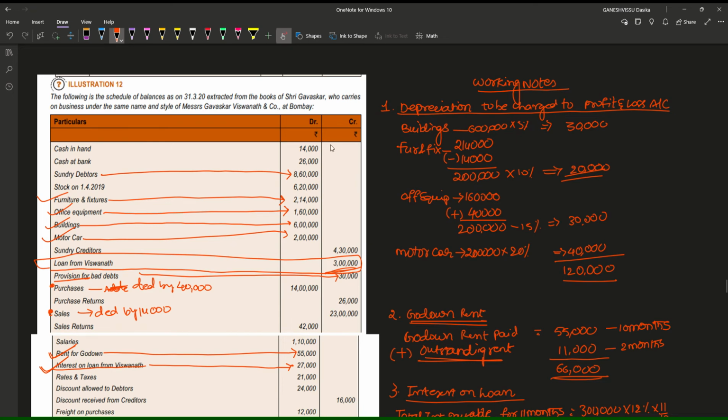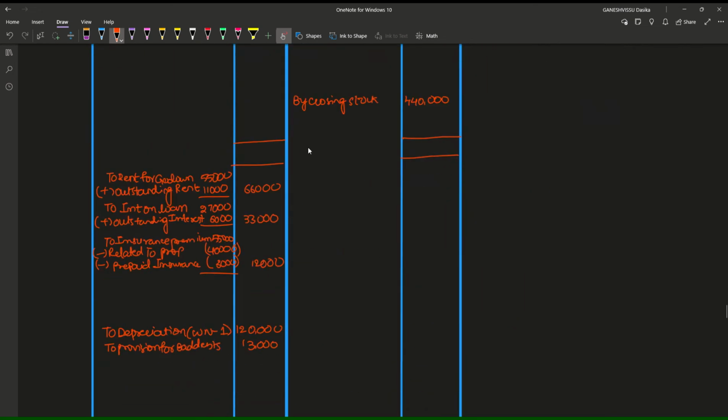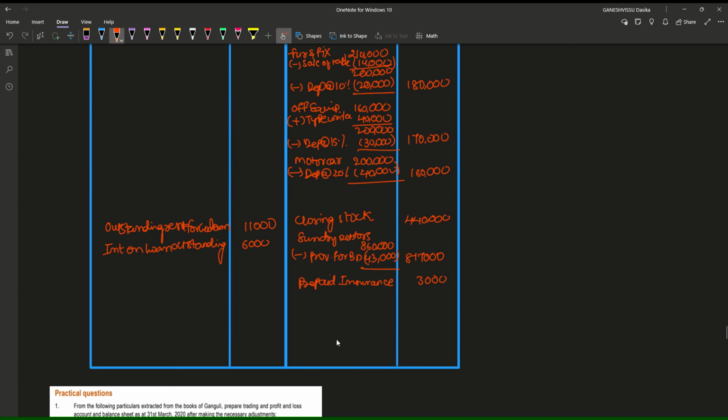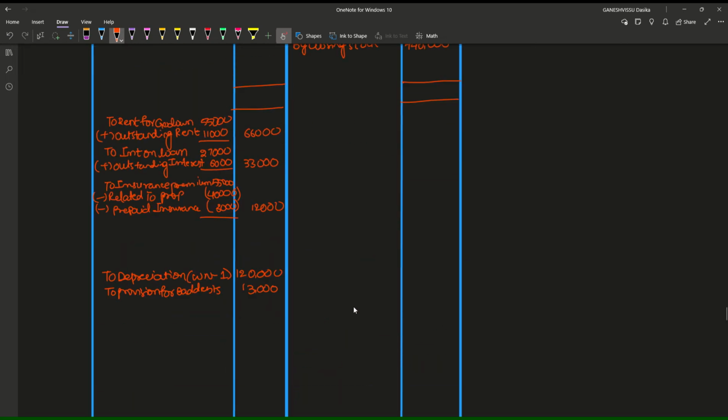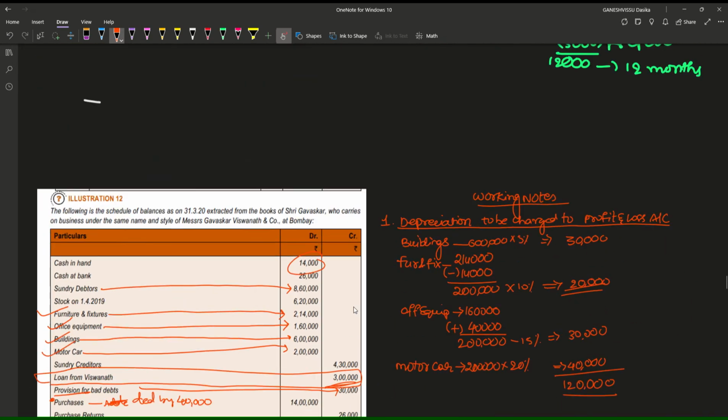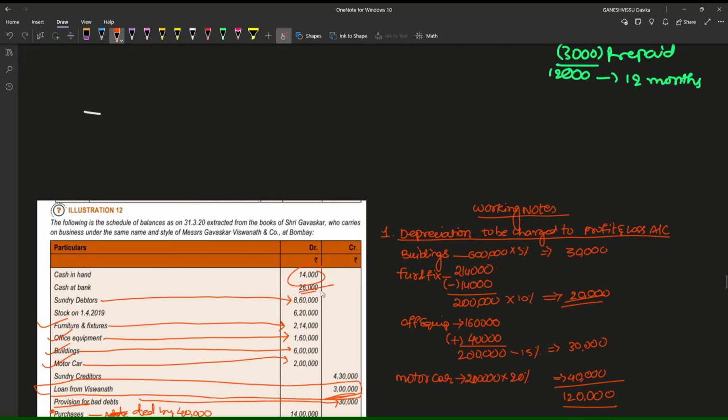So cash in hand 14,000 we can write at the end of the balance sheet because that is closing balance, right? Cash in hand we can record 14,000, and we also have cash at bank. We shall see this one also. Cash at bank, rupees 26,000 is cash at bank.